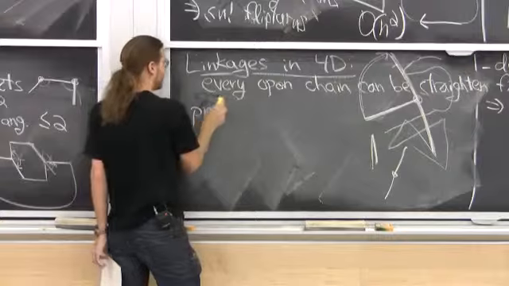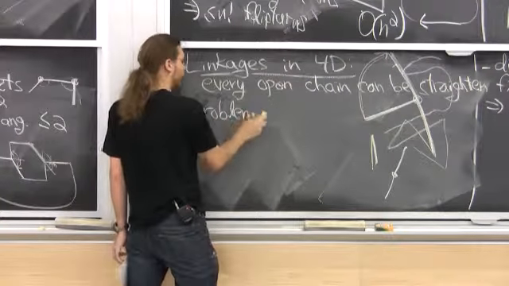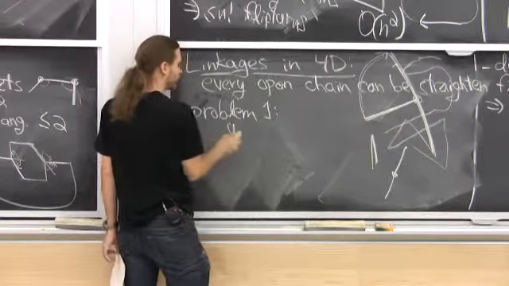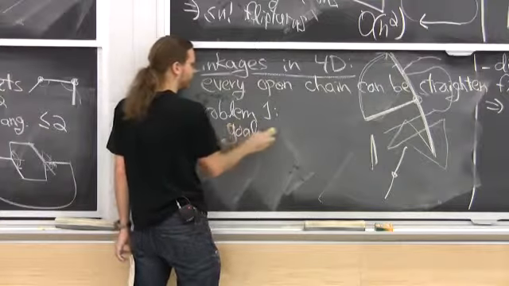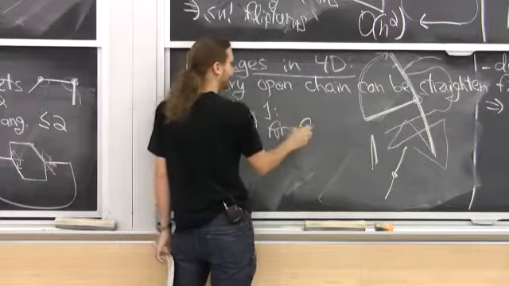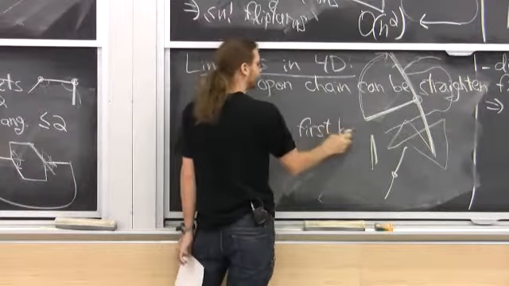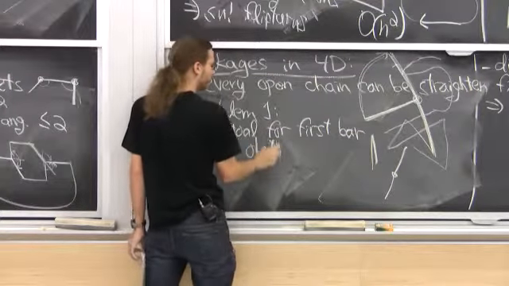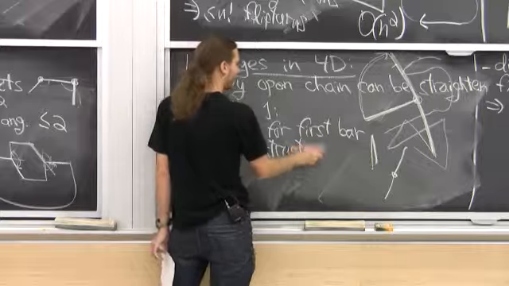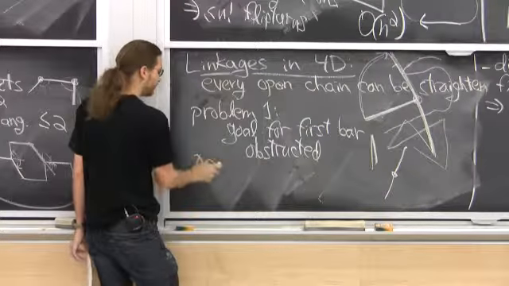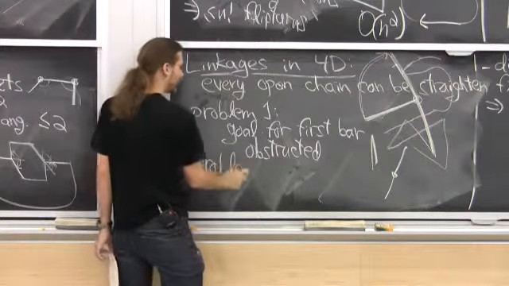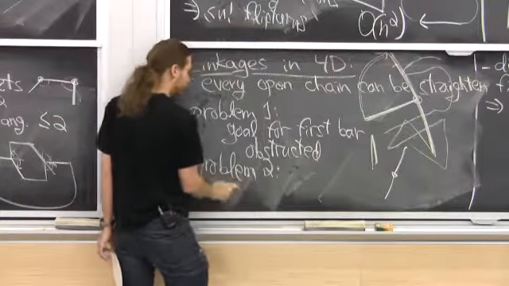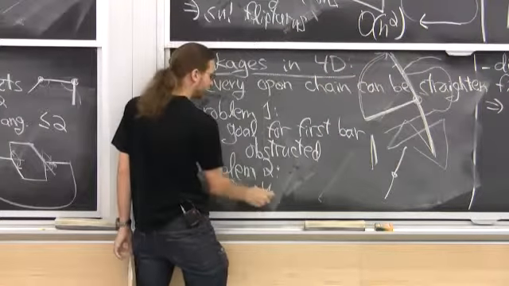So let's say problem 1 is that the goal configuration for that first bar might be obstructed. Problem 2 is even if it's not obstructed, maybe I can't get there. Can you get there?